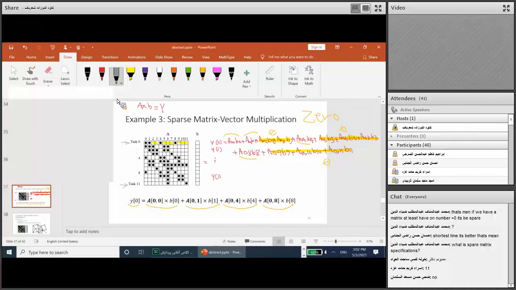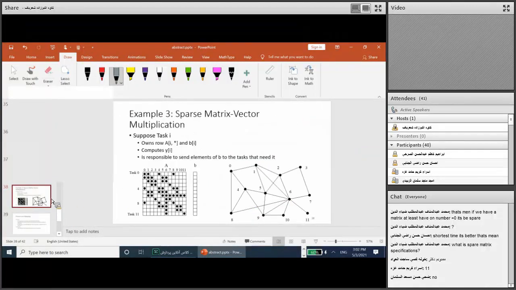What are the specifications of each task? Task I, for example, task 0.